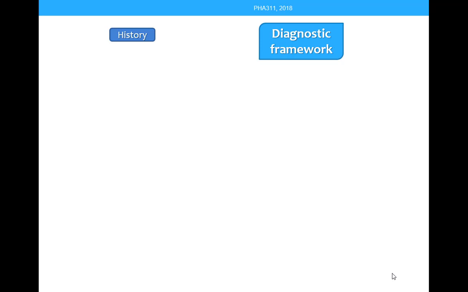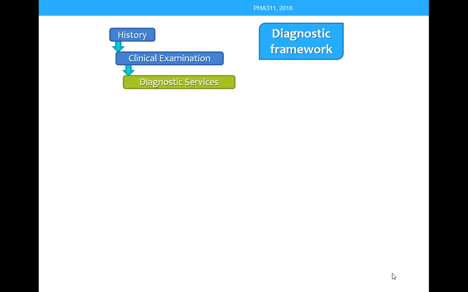Getting clues from the history, the doctor will then examine the patient, getting clues on any physical signs that might be there. Okay. After that, the doctor may come to a provisional diagnosis or may shortlist a few diagnoses that he thinks might be a possible cause of the illness. Then he will order some diagnostic tests to confirm what he thinks is the diagnosis.